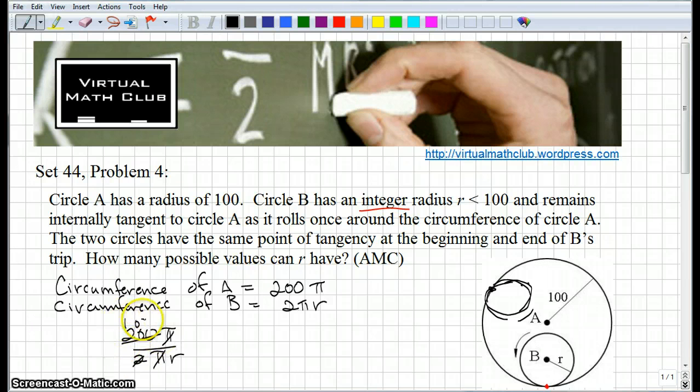So we know that 100 over r has to be an integer in order for the circumference of A to be an integer multiple of the circumference of B. So that means r has to be a factor of 100.